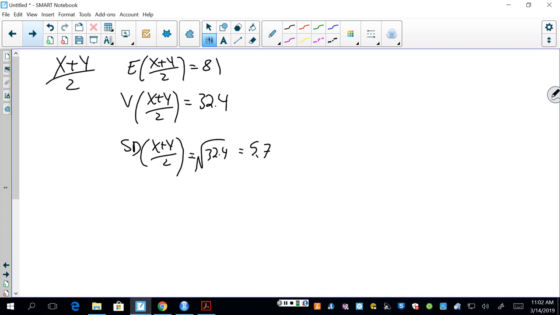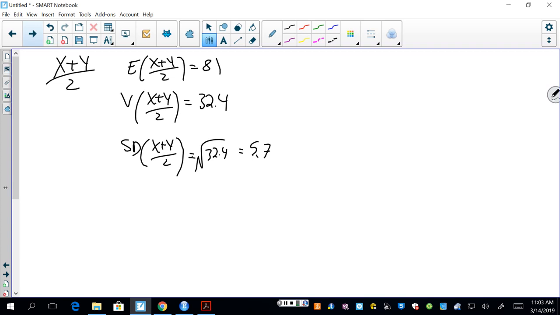So this average is less variable than each individual measurement, but not a whole lot less. Why is it not a whole lot less? Because not only do you have the first variance and the second variance, we have this other big covariance term added in there.